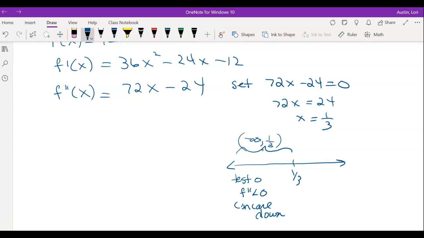Yeah, it's going to go positive, correct? You plug in 2, 3, 4, anything greater than 1/3, and your f double prime is positive.